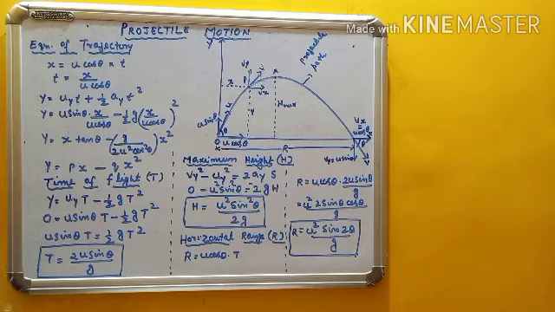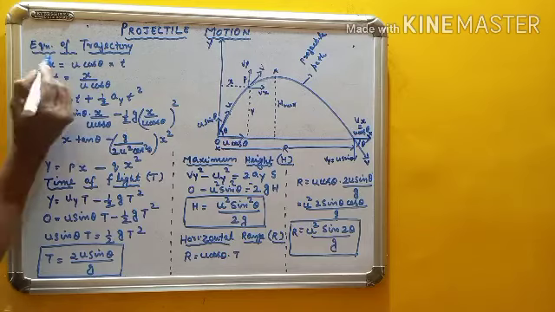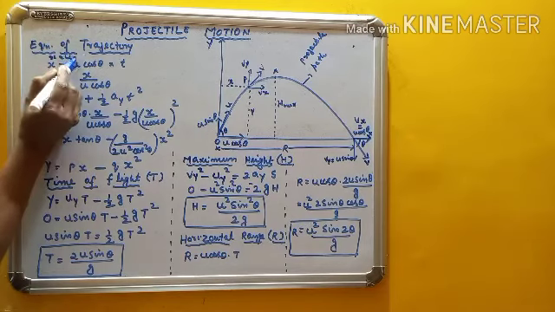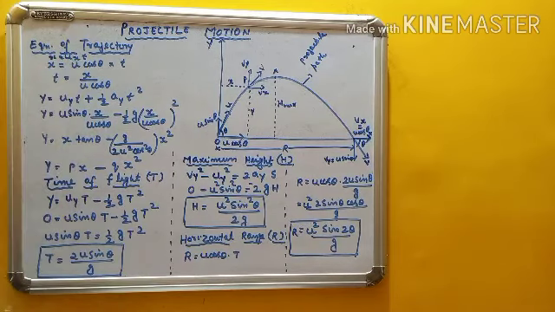So along the horizontal, x is equal to ux t plus half ax t square. Since ax is 0, directly x is equal to ux into t. Instead of ux I have written u cos theta.